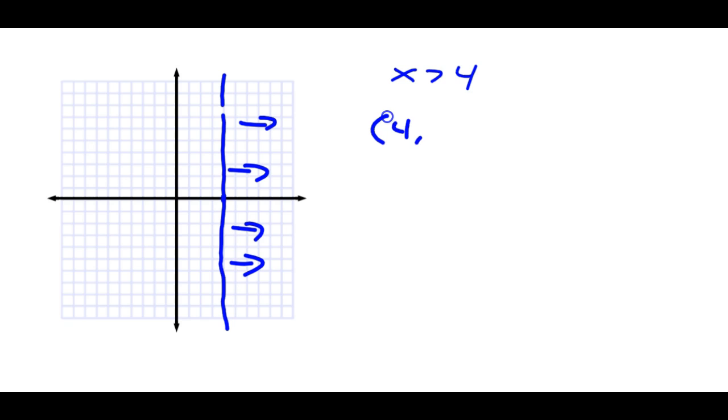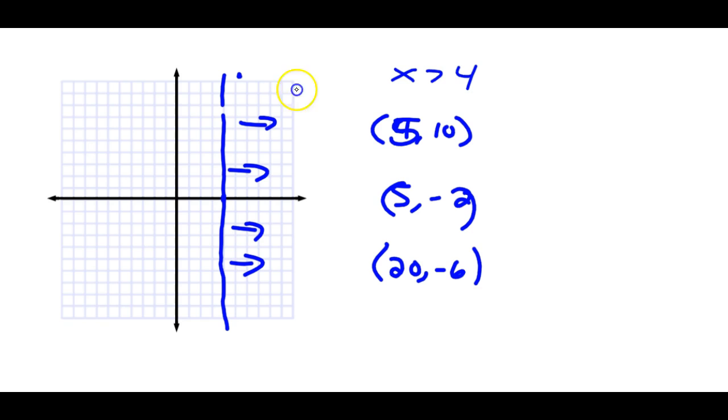So it could be 5, 10, because it's got to be greater than 4. Or it could be 5, negative 2, or it could be 20, comma, negative 6. Either way, it's going to end up in either quadrant 1 or quadrant 4. So our answer is quadrant 1 and 4 here.